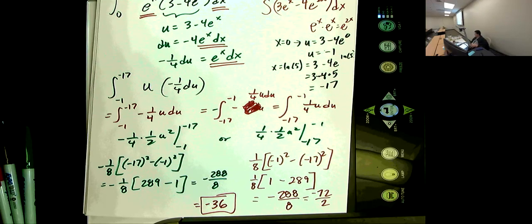Some teachers will get really picky and be like, you gotta integrate in the right order, it's gotta go from low to high, and try and force you to swap. But if you do it correctly, the answer is the same. So that's just being picky.